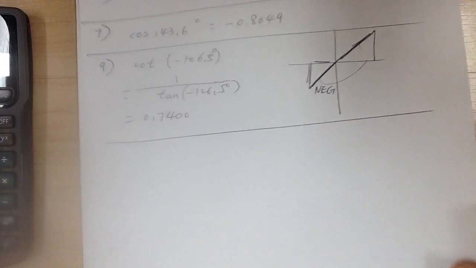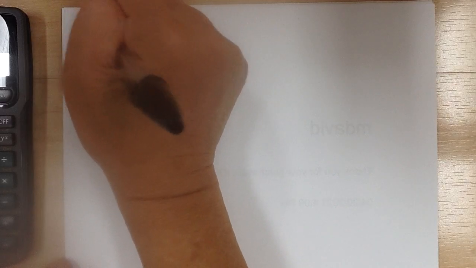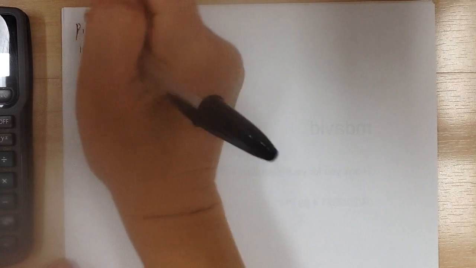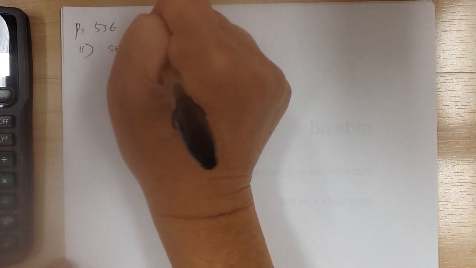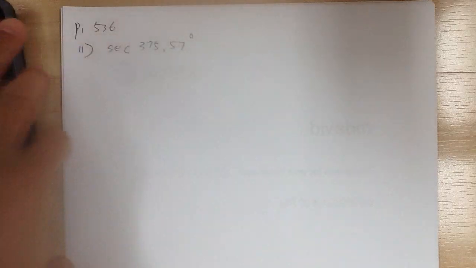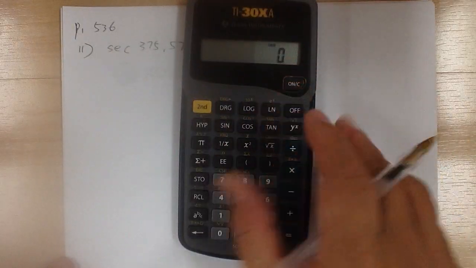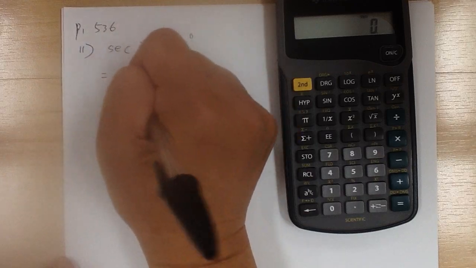Okay. Let's go to 11. Okay, you got secant of 375.57 degrees. Again, there's no secant on the calculator, so you have to convert. Okay, so secant is equal to 1 over cosine.